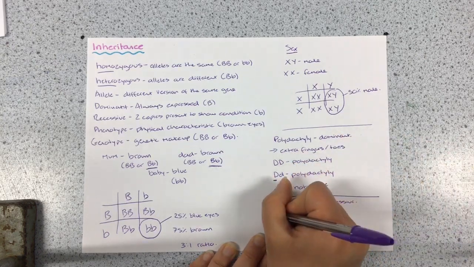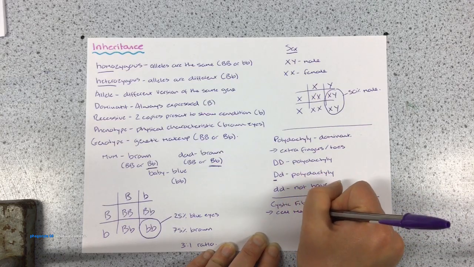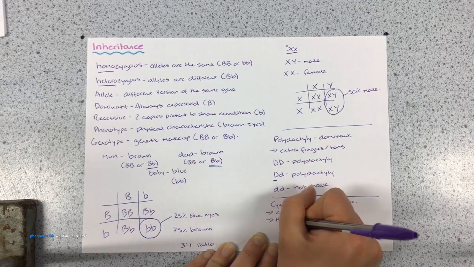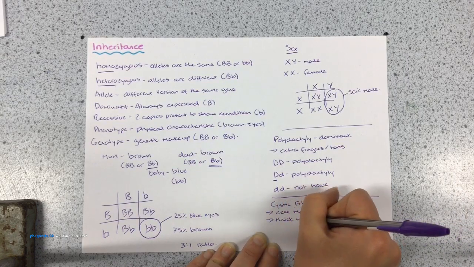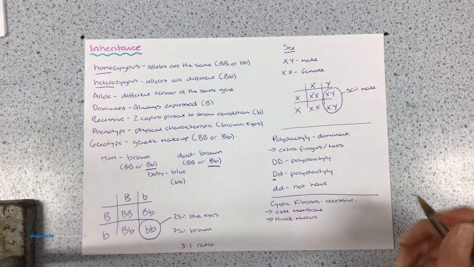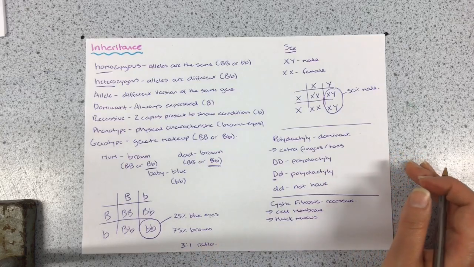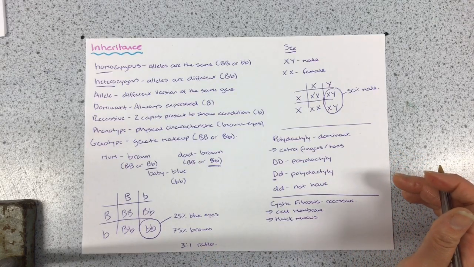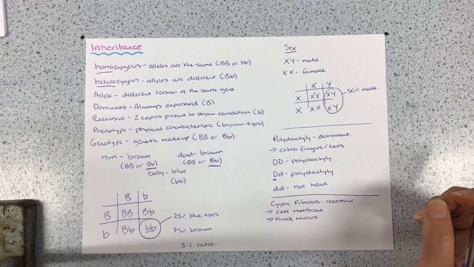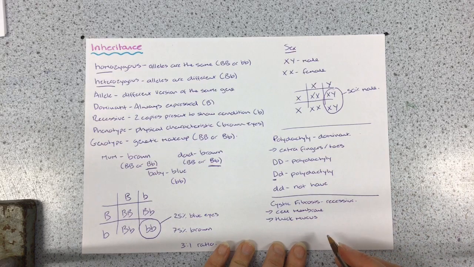So if we look at this, cystic fibrosis is a disorder of the cell membrane. It has asked that before. It leads to thick mucus, which can affect the lungs, it can affect the respiratory system, it can affect the pancreas. If it affects the pancreas, a person with cystic fibrosis would show poor growth. This is because the mucus blocks the duct, so enzymes can't get out to where they need to, so food cannot be digested.